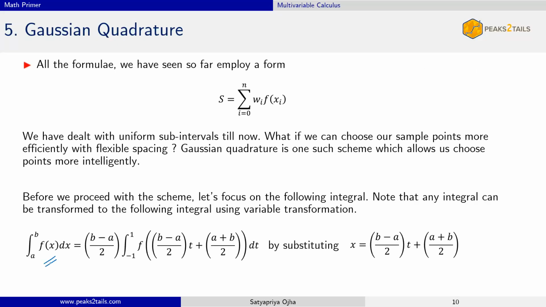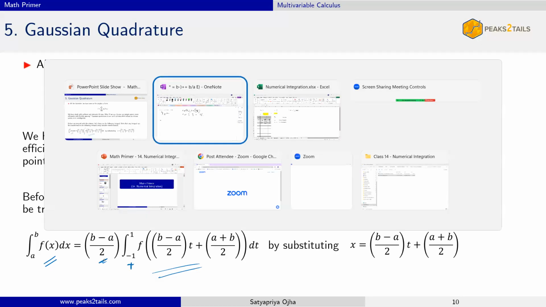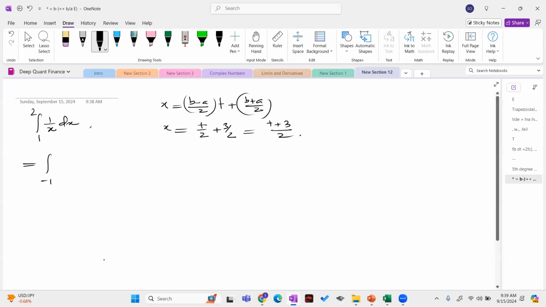If you see this integral, it becomes f of ((b minus a) by 2 times t plus (a plus b) by 2) dt, limit becomes -1 to +1, and there is a constant that goes outside, which is (b minus a) by 2. So it will become integral -1 to +1, and we have f of t plus 3 by 2 inside. Correct? That's the transformation.